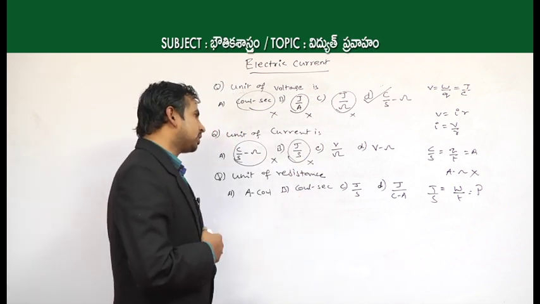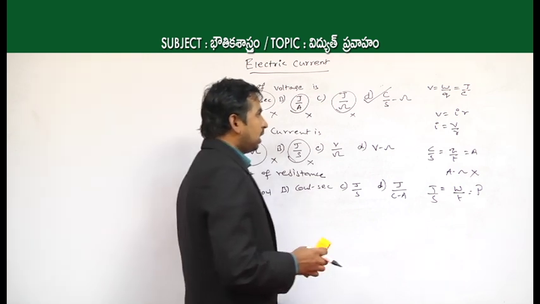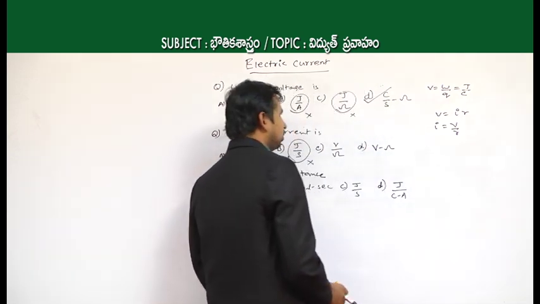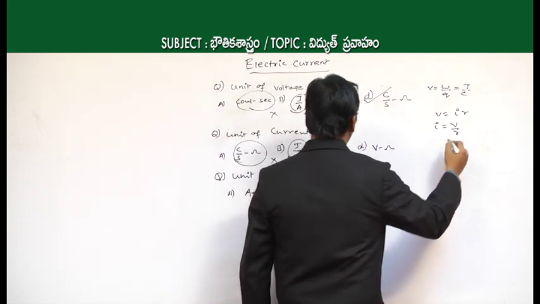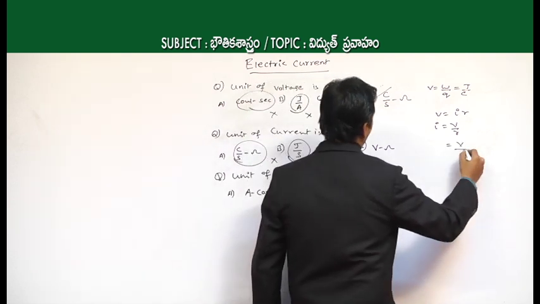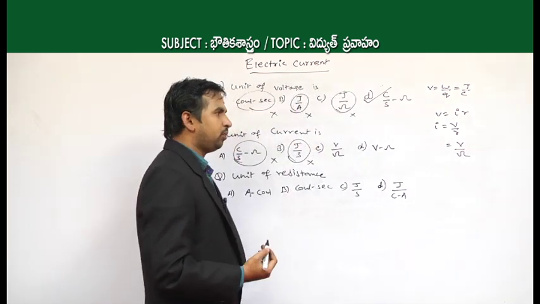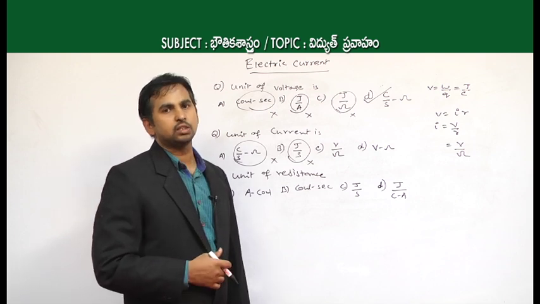And when we come to option C, volt per resistance is given. As V = IR, then I = V/R. The voltage we represent with V, and the resistance with ohm. So for the case of current, instead of ampere, we can also write voltage per ohm.